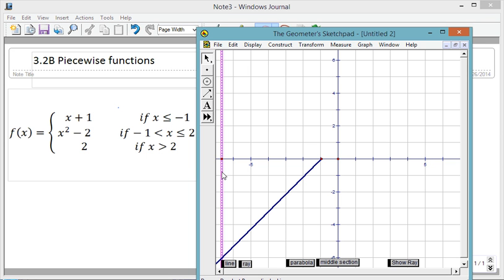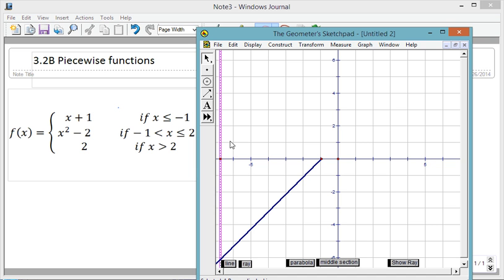So the next part of my graph would be between -1 and 2. So I'm looking for the part of the graph that goes from -1 to 2, this little section right in here. And you might recognize this, that this is a parabola.